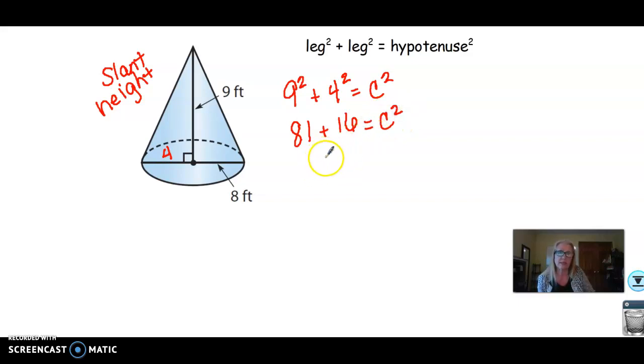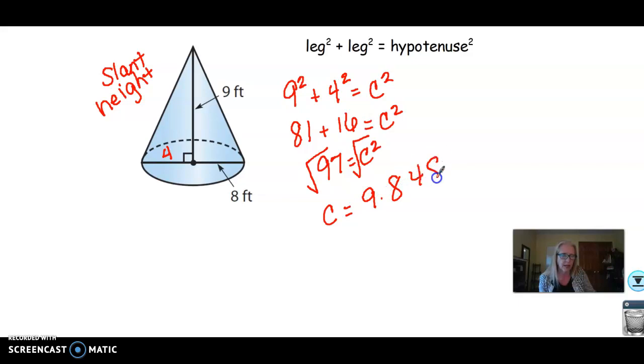Add 81 and 16 together, and you get 97. And then we do that last step. We take the square root of both sides, and we get c is, oh, this is a hideous one, 9.848857, and it keeps on going.